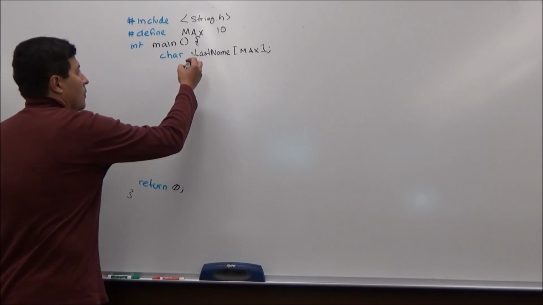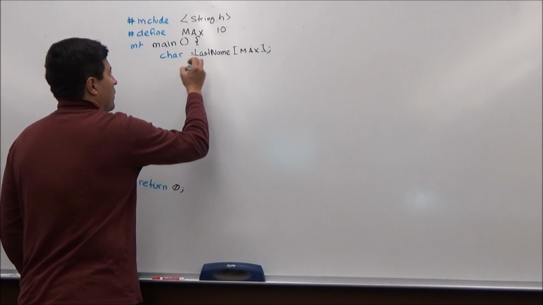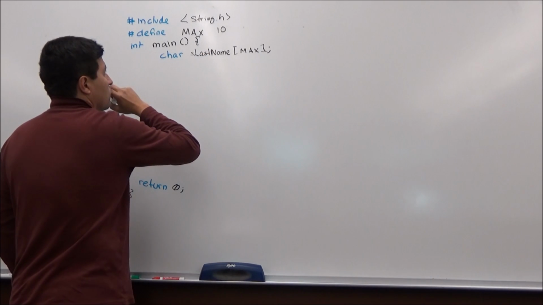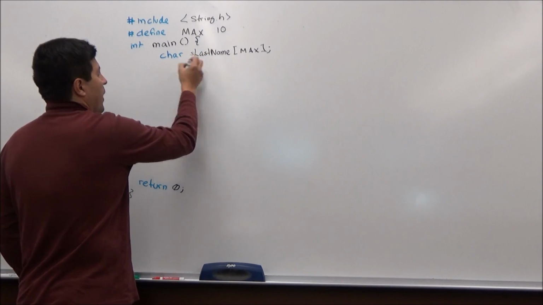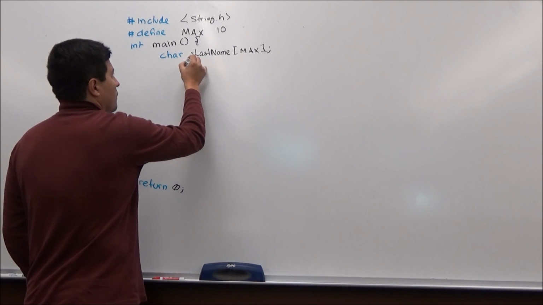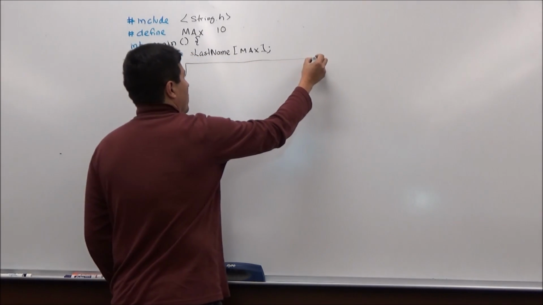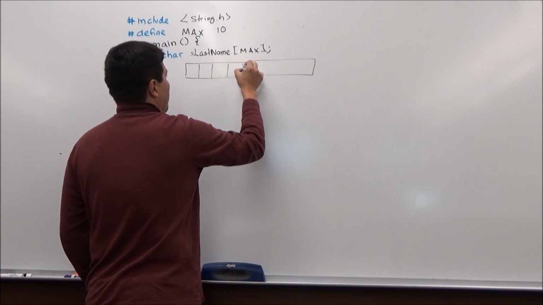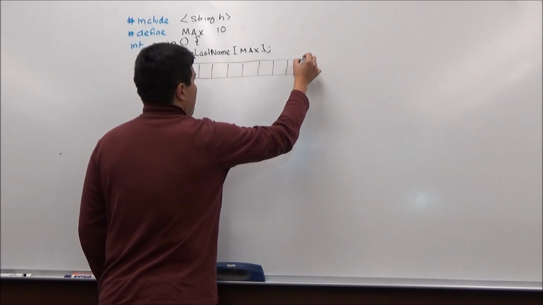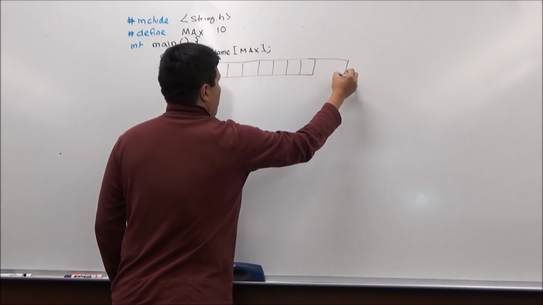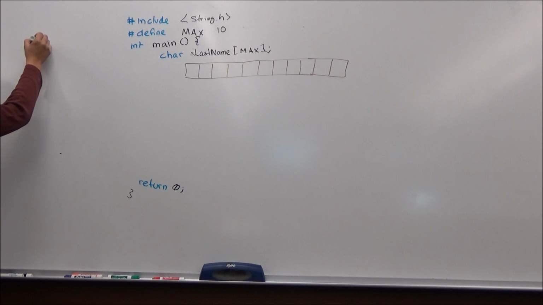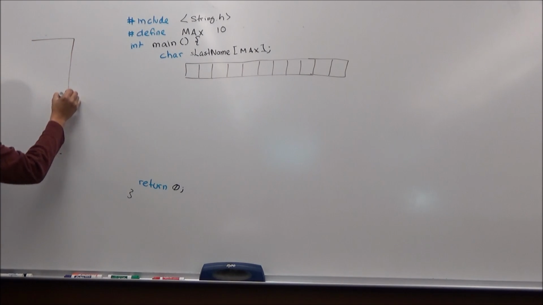So, we'll assume it allocates only 10 times 8. So, I'm going to write the array horizontally this time. And I'm going to write it here too, vertically.